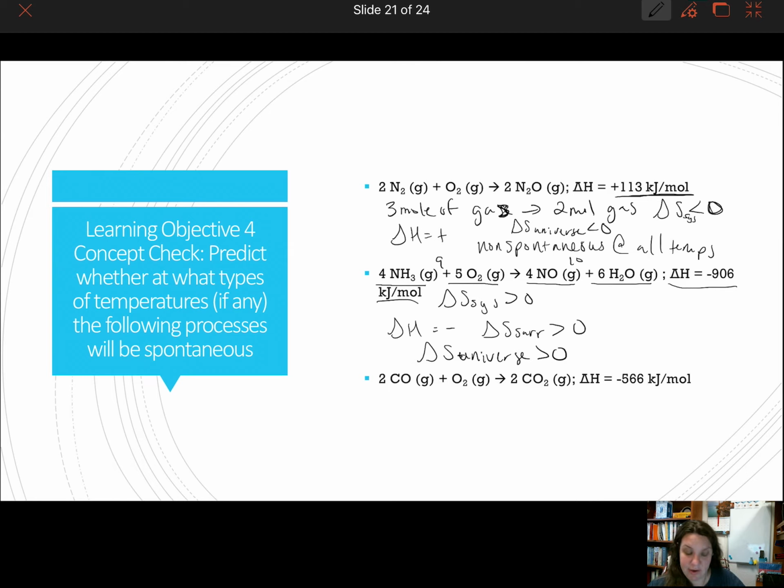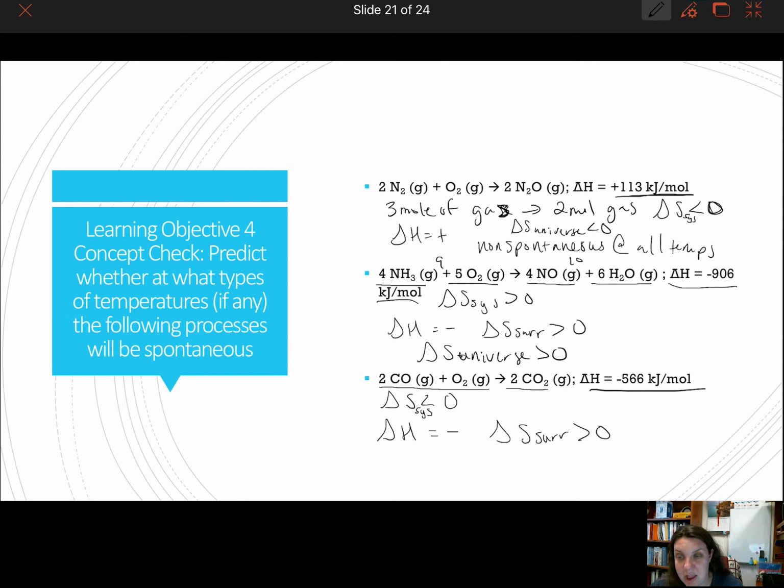Okay, now we have 2 molecules of CO plus 1 molecule of O2 goes to 2 molecules of CO2, negative delta H. So here we have a delta S of system that is going to be negative because we are going to fewer molecules of gas. And then our delta H is negative, so our surroundings is going to be positive, right?